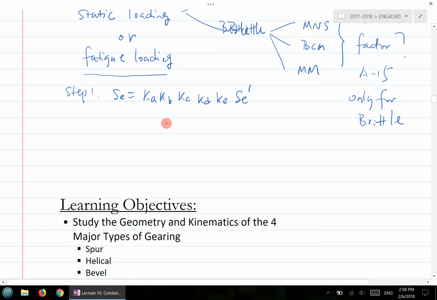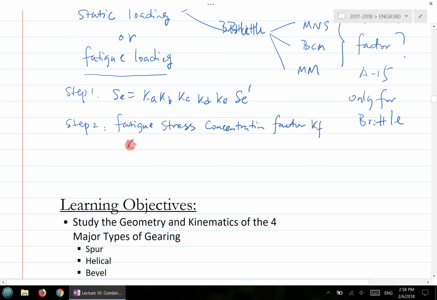Once you get this, there's another step, and it's the same question you have to ask yourself: how about the fatigue stress concentration factor? We call that Kf.